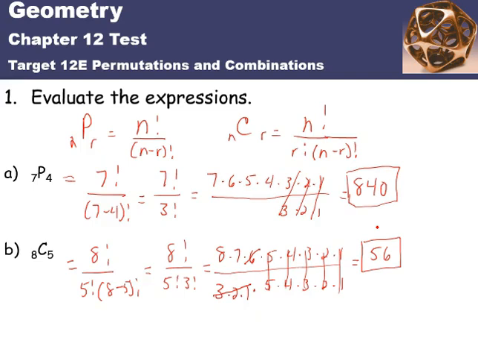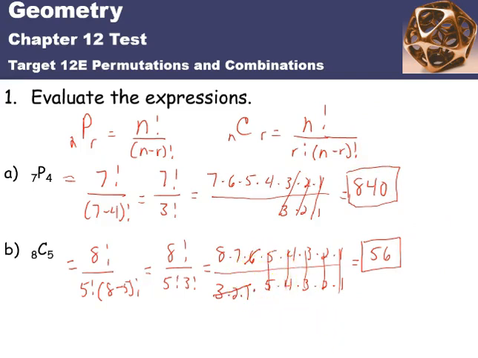With the TI graphing calculator, first I have to type in 8, then Math, then arrow over to Probability, and then choose the NCR button, hit Enter, and then choose 5. And again, on Desmos, you go to the function button, stats, the NCR button, and then you type in 8 and then 5, separated by a comma, and you get 56.